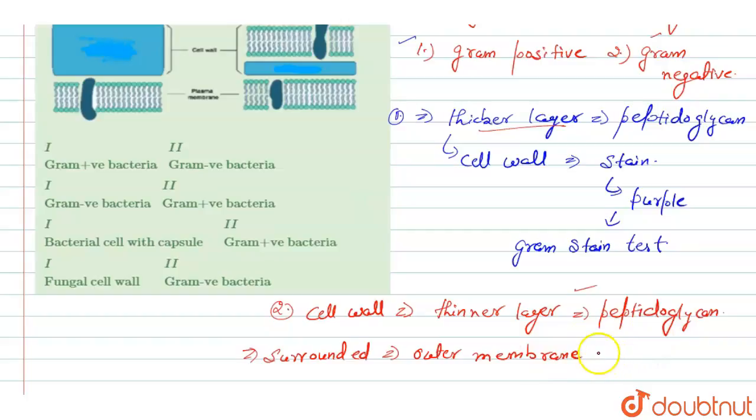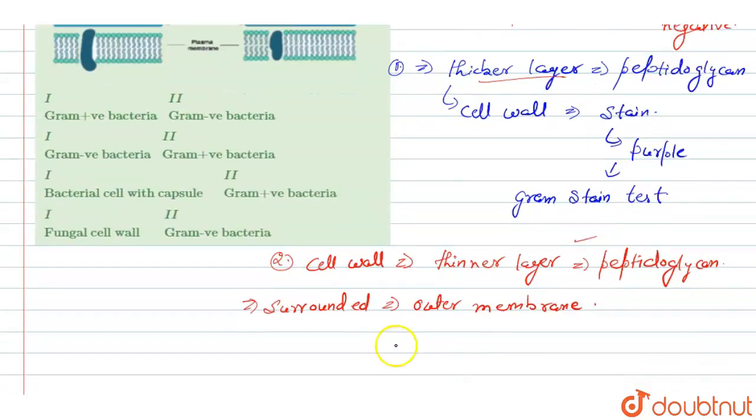negative bacteria. This outer membrane in the gram negative bacteria contains unique components such as lipopolysaccharides.